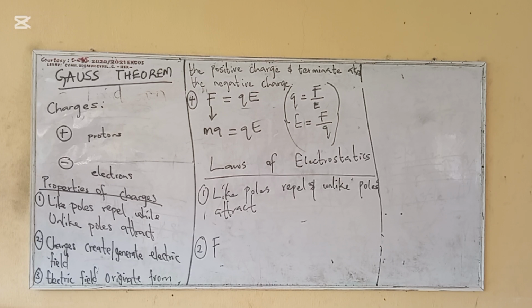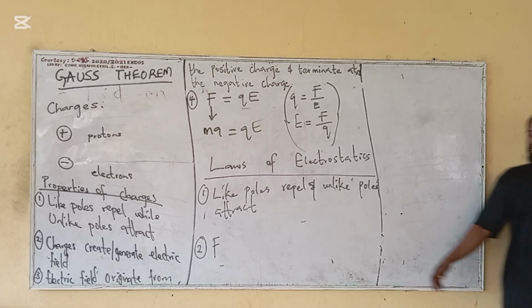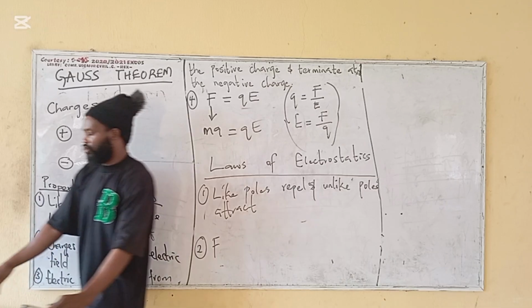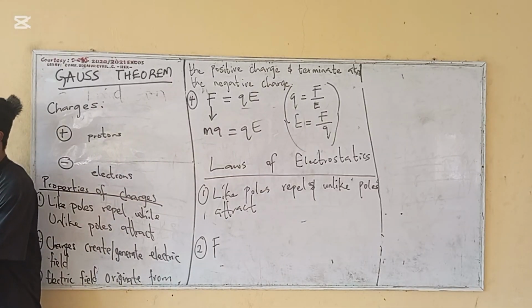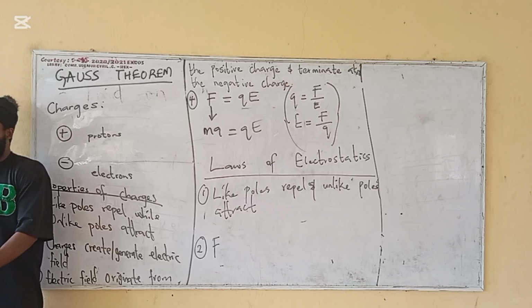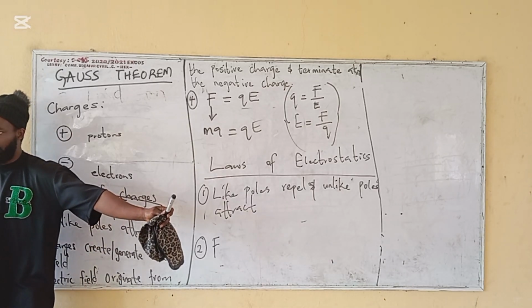So the more the distance, the less force you have. But the minute you make a charge come close, what will happen? It is varying inversely. So if you increase distance, force will reduce.